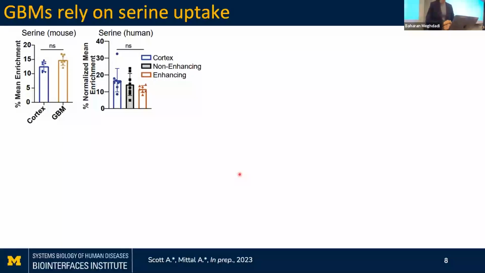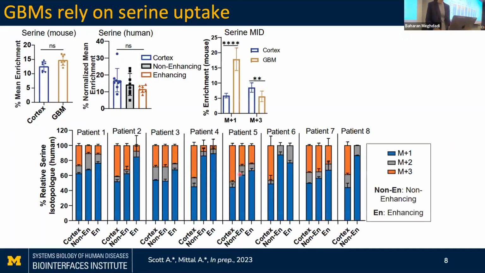And also we looked at serine enrichment in both GBM and cortex, and we saw almost similar levels of enrichment in both tissues. But when we looked at the patterns of enrichment in serine data, we could see that the M+1 pattern had higher levels in the GBM, while the M+3 pattern has higher enrichment in the cortex.